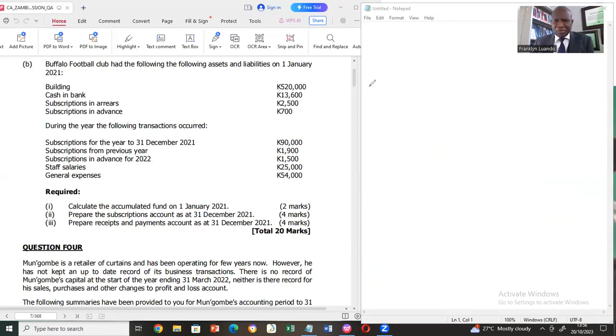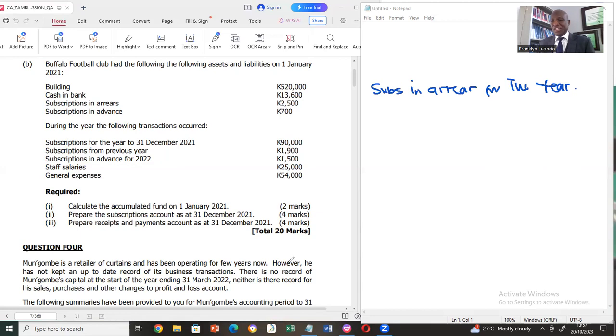Subscriptions: we have subscriptions in arrears for the year. Subscriptions in arrears simply means members have enjoyed the services provided by not-for-profit-making organizations, but they have not yet paid their subscriptions.